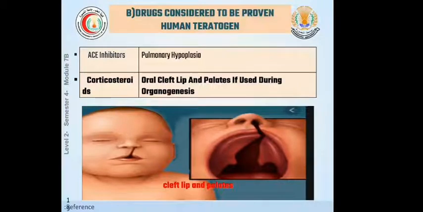Angiotensin converting enzyme inhibitors are among the drugs considered to be proven human teratogens. They cause pulmonary hypoplasia. Also in the picture you see the cleft lip and the palate. This congenital anomaly can be caused by corticosteroids, if they are given to the pregnant female.